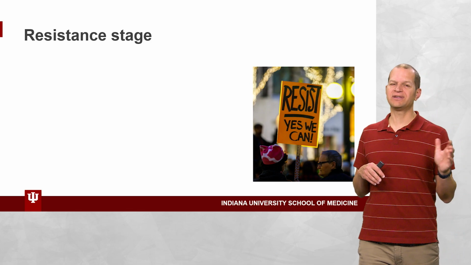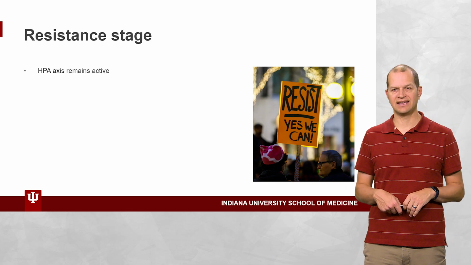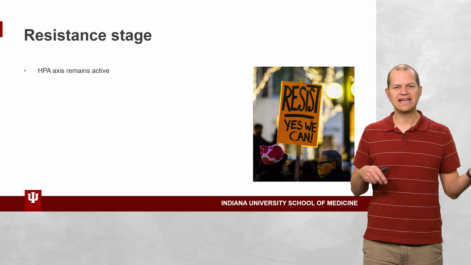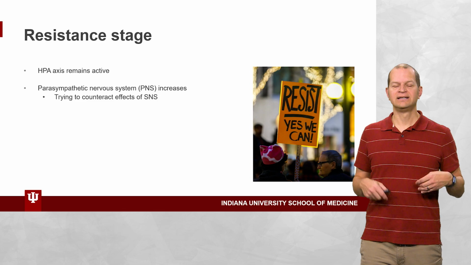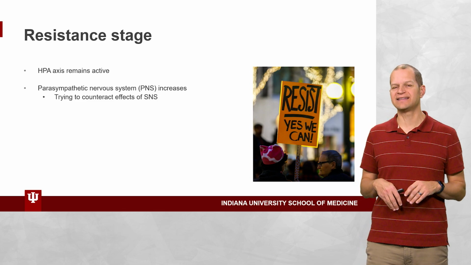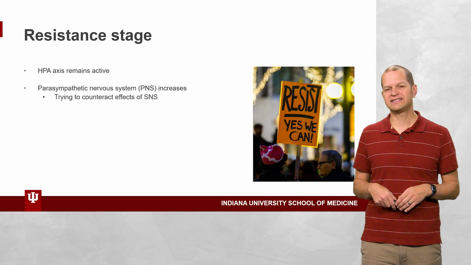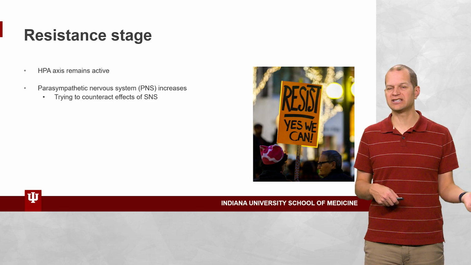If we get through the alarm stage, but that stressor is still present, we go to the resistance stage. And so that HPA axis is still doing its job. However, the parasympathetic nervous system comes in to try and tone things down a little bit. We talked about the sympathetic nervous system, right? And the sympathetic nervous system will do things such as increase blood pressure.